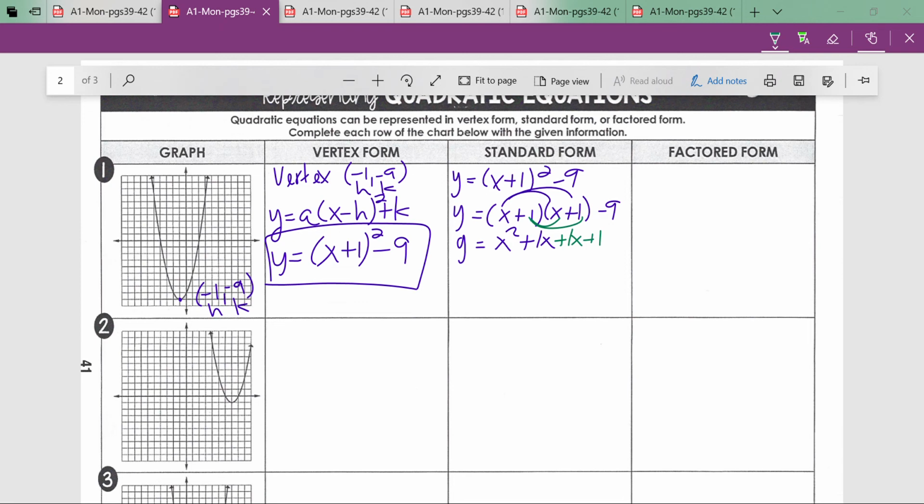And then since there's no term in front of the parentheses, our a is 1, then I can just bring down that 9 and combine like terms. So that's x squared plus 2x minus 8. So these combine to give me a 2, and these combine to give me a negative 8.